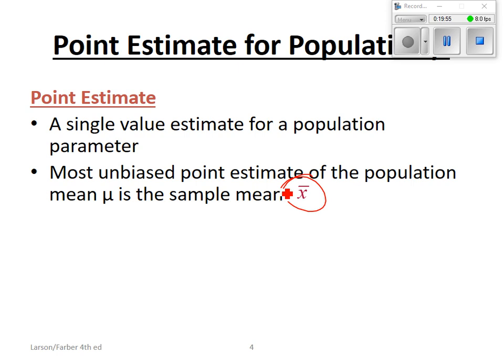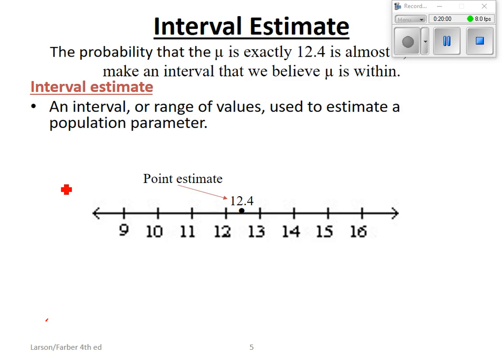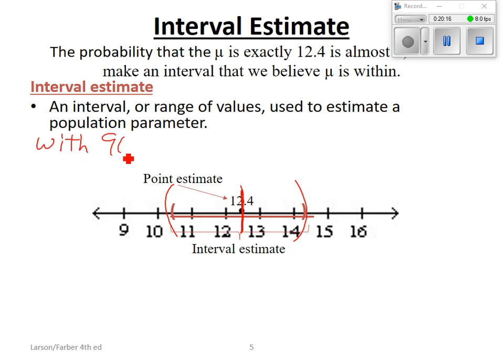But right now we're dealing with just the mean. We're gonna figure out the point estimate right here. We're gonna figure out some range. And you're gonna have to be able to do this, write this out and explain it with 90% confidence.